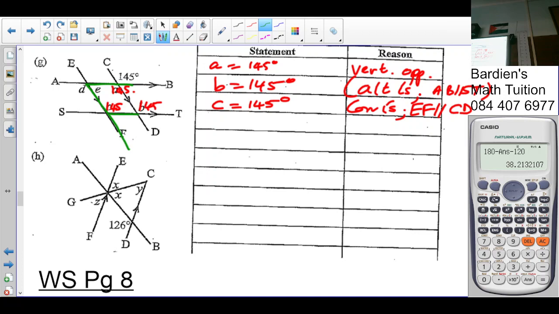There's your corresponding angle. So E. Did you say E or D? So F is lying. There's no other way that angle can lie with the F.